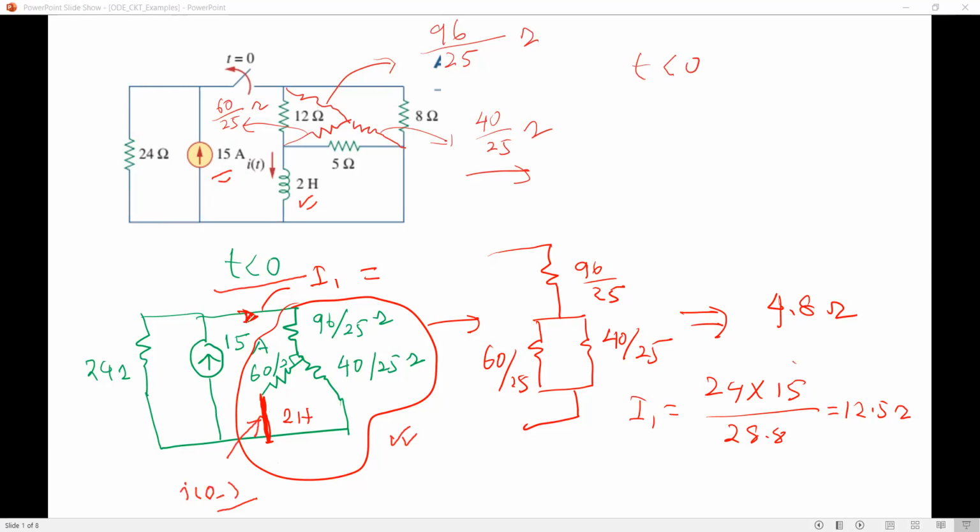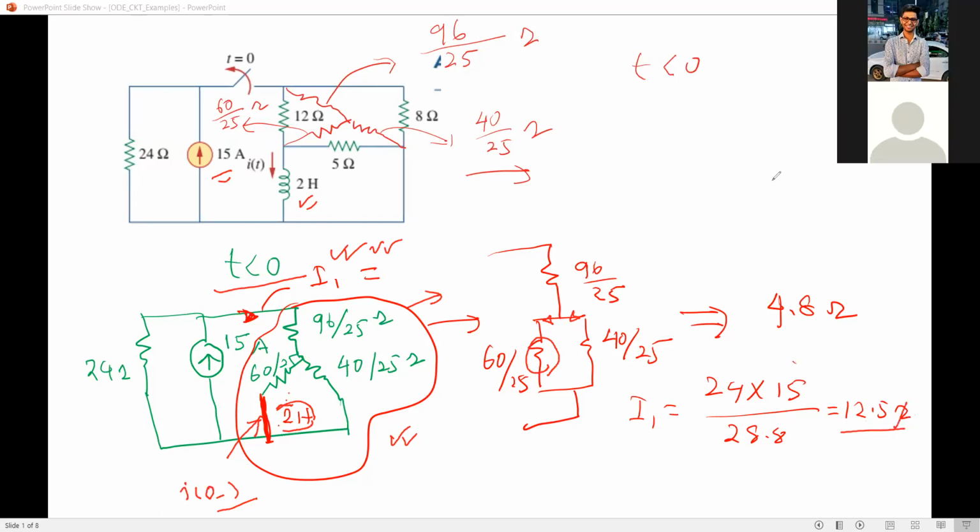First you have to find I1. For that, replace this part of your network by an equivalent resistance. Once I1 is available, you again divide it into two parts. One flows through this resistance; in the other branch the inductance is there, behaving like a short circuit. You got the point? Then I1 will be equal to 12.5 ampere.